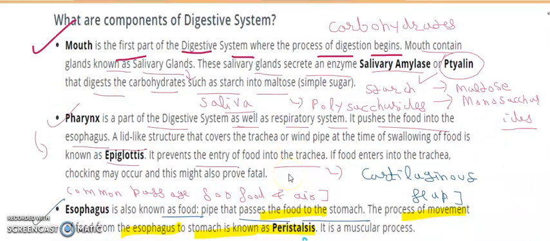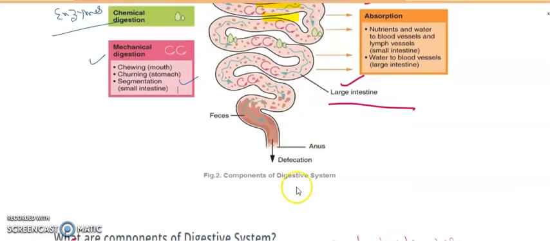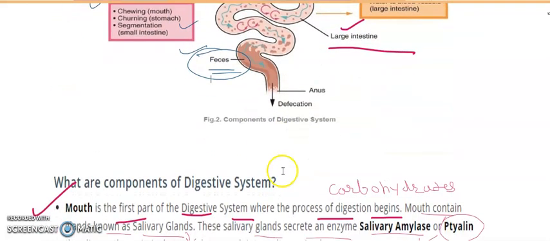We have just discussed an overview of the components of the digestive system. The undigested fecal matter is removed from the body by the process called defecation through the anus.